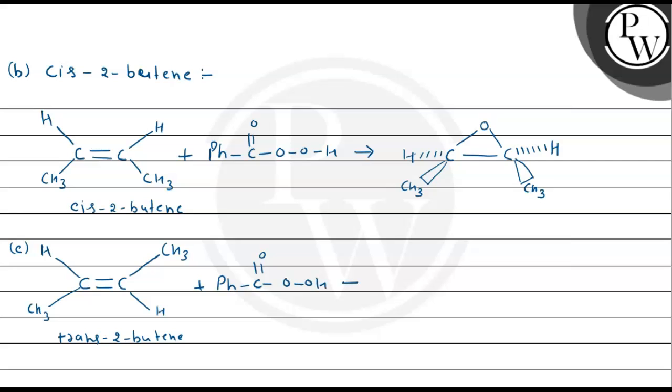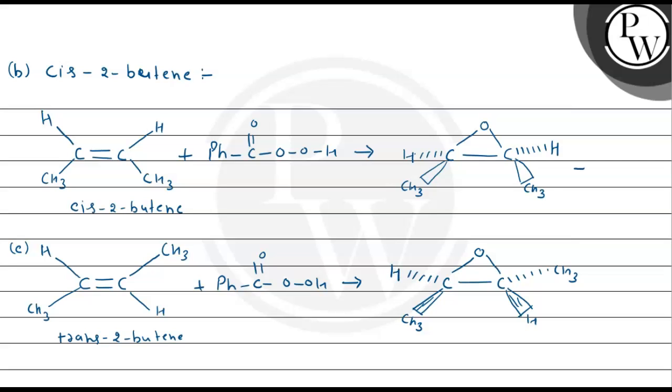peroxybenzoic acid, and we will get again an epoxy group, and it will again be formed between the two carbons where the multiple bond is present. Now we can represent the remaining bonds, like here it will be CH3, but on the other carbon here it is hydrogen, and for the remaining bond here it is CH3, but in this case here it is hydrogen.